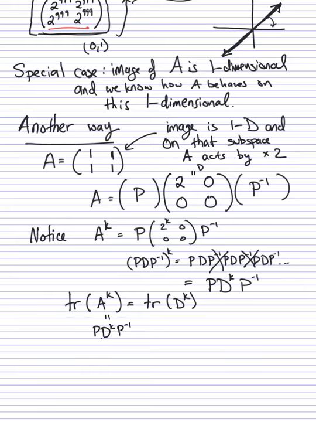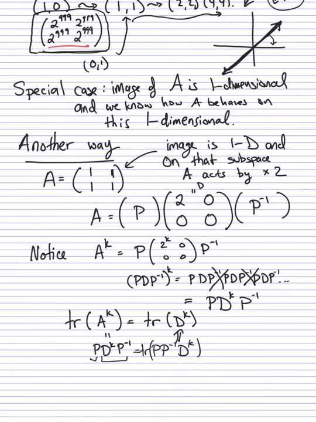Since trace of AB is trace of BA, I can swap these, so I get P inverse D to the K, and that's what I want. So, no surprise, the trace of this one will be 2 to the 1,000. Here we got 2 to the 999 plus 2 to the 999, so we got 2 to the 1,000 again. So the answers worked out.